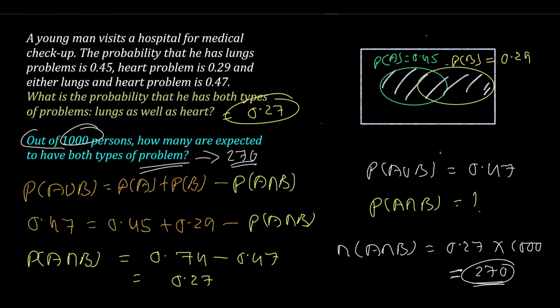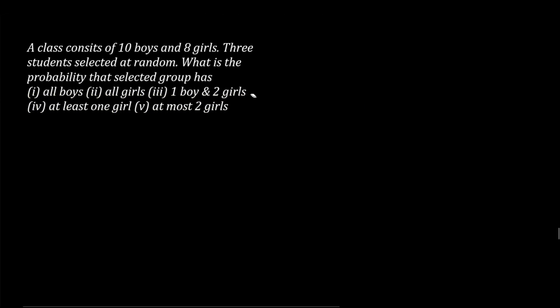Now in this question, it says a class consists of 10 boys and 8 girls. 3 students are selected at random. What is the probability that the selected group has all boys?